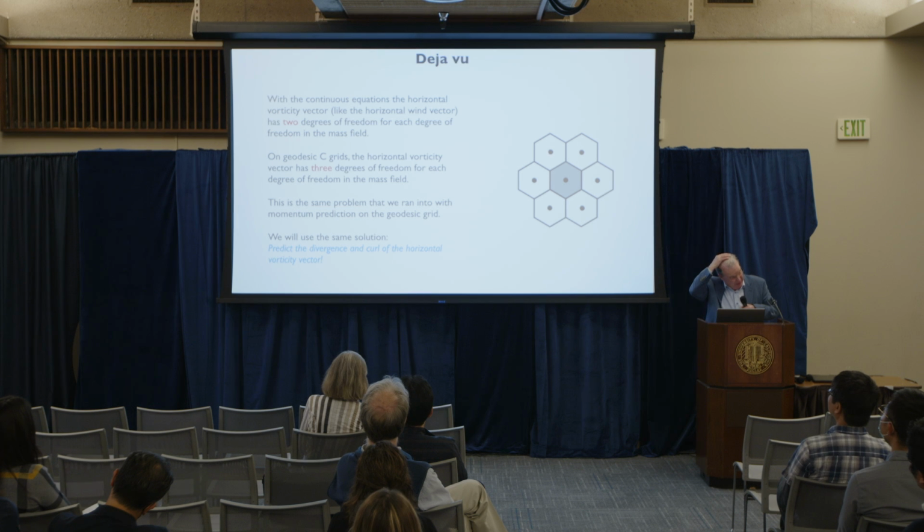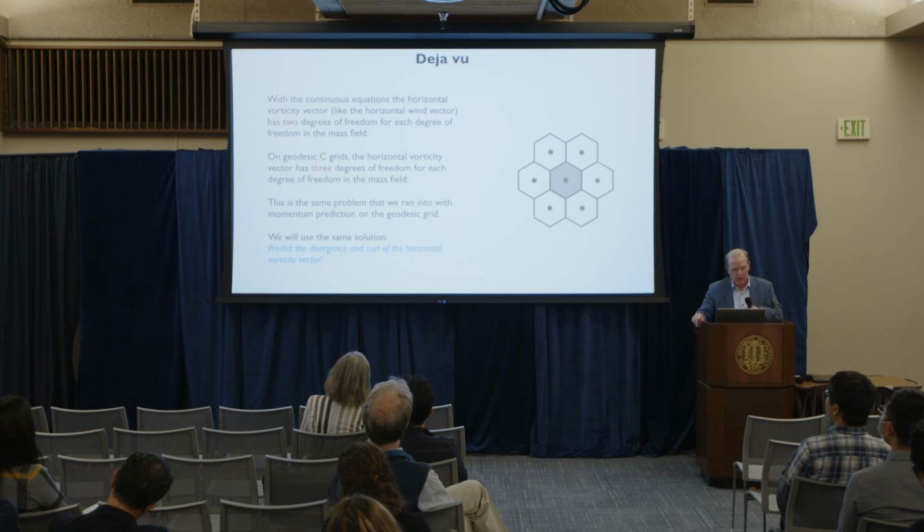So we're back where we started with the Z-grid that I described earlier. We had too many wind components per mass point. Now we have too many vorticity components per mass point. Basically the same situation.